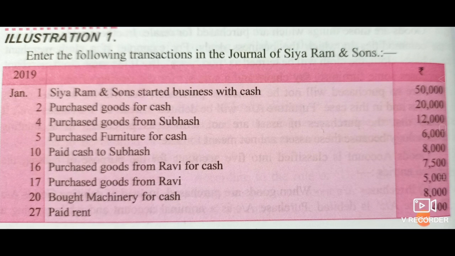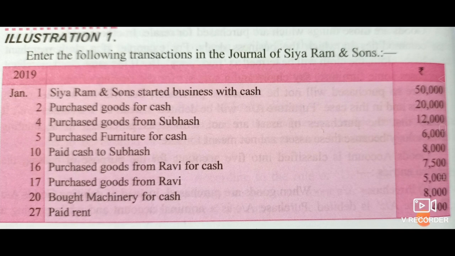On January 5th, purchased furniture for cash rupees 6,000. On 10th, paid cash to Subhash rupees 8,000. 16th, purchased goods from Ravi for cash rupees 7,500. 17th, purchased goods from Ravi rupees 5,000. On January 20, bought machinery for cash rupees 8,000.